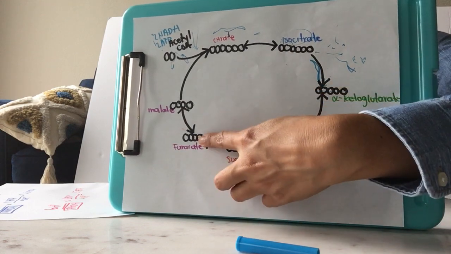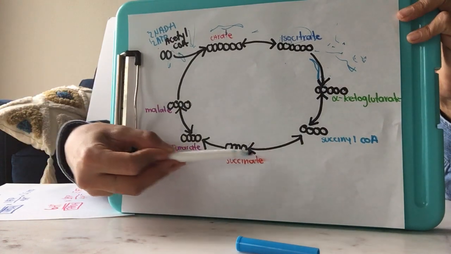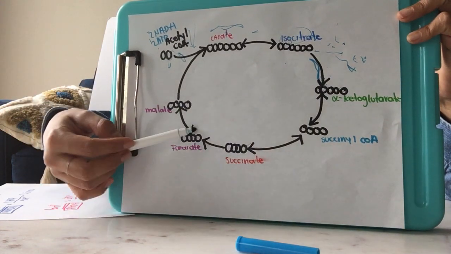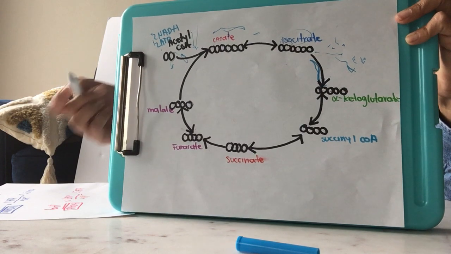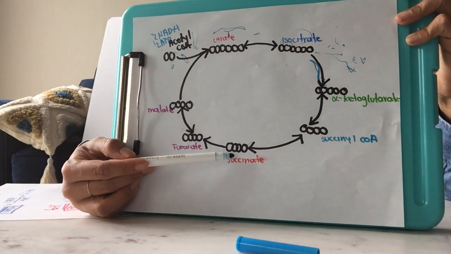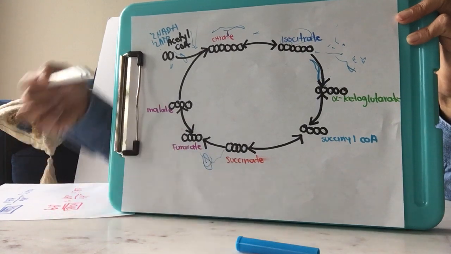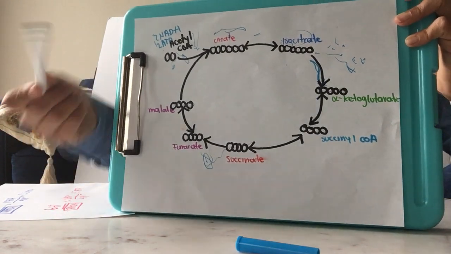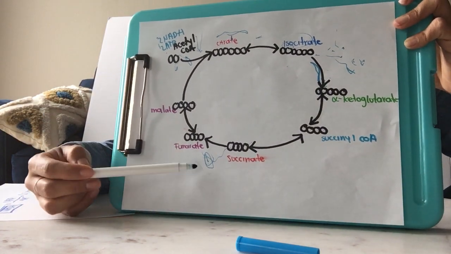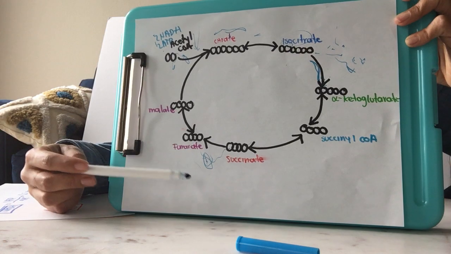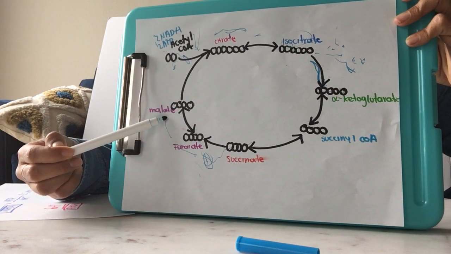This is a one-way reaction. You can see that from now on, we still keep our 4 carbon. So we have another enzyme here, we'll call it the enzyme fumarase. It uses a little bit of water in the reaction to turn the fumarate into the malate.